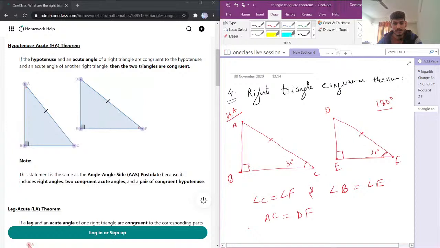So 30 plus 90 equals 120, we'll subtract this from 180 and we'll get this angle as 60. 60 and 60. So again the third angle is also equal, and with the angle and side, we can say triangle ABC is congruent to triangle DEF.